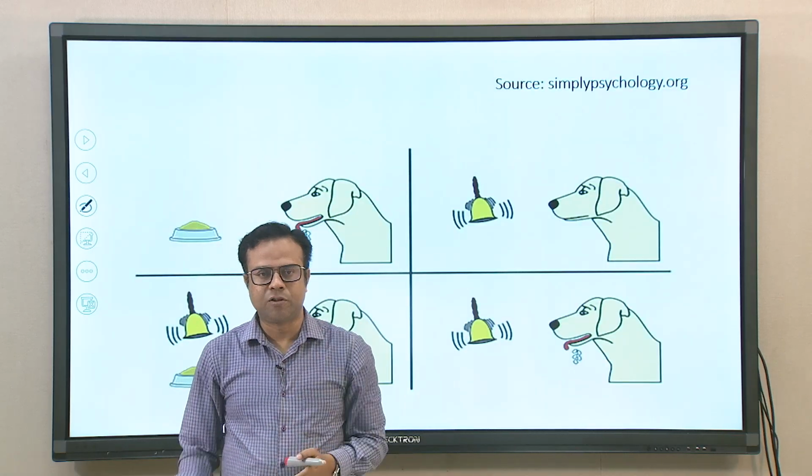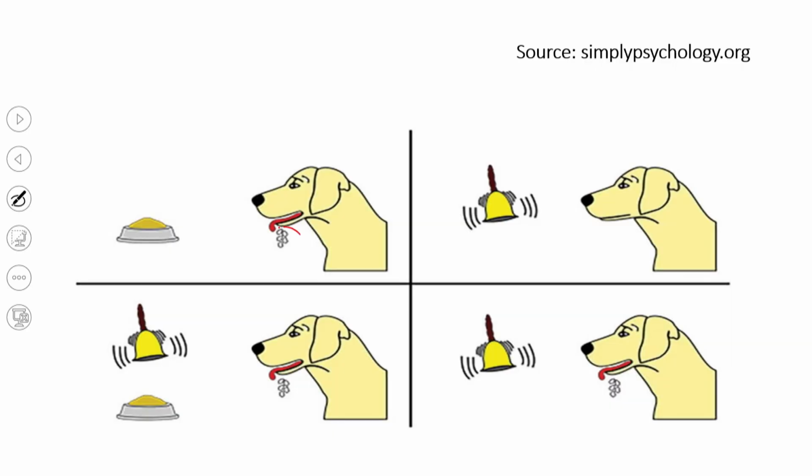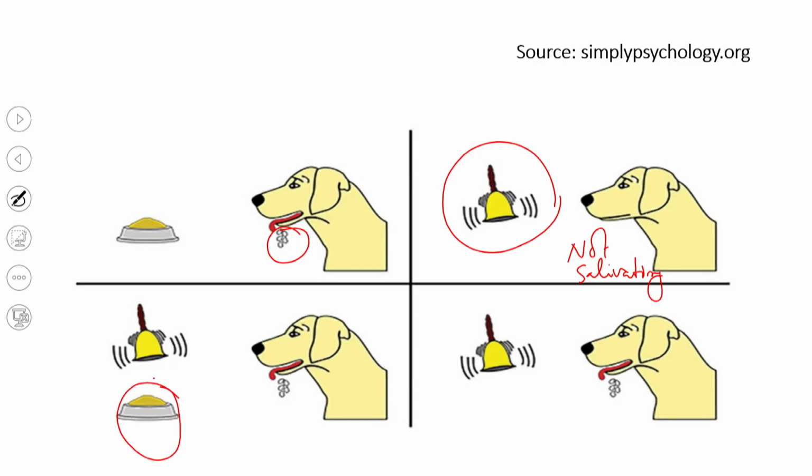If you see the picture here, first the food is presented, and the dog is salivating. Second step, sound, let us say sound or light, whatever it is, these are all neutral stimuli. The dog is not salivating. What is the third step? Food plus sound, both are coming together.